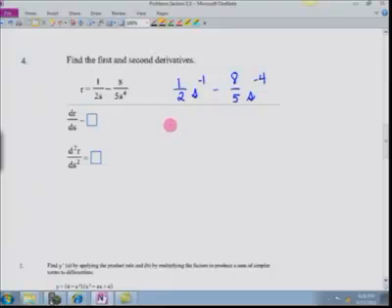Negative 2s to the negative 2 plus... Negative a half x to the negative 2. Plus... so negative 5.